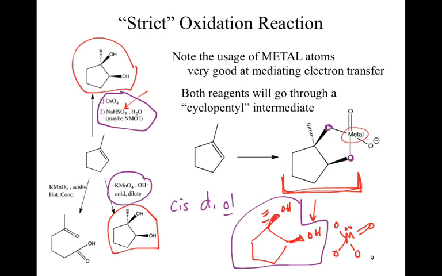You don't really need to know the mechanism except to realize that for that metal complex to coordinate to the alkene, the oxygens have to be on the same side of the ring, because if you think back to, as I start to gesture and show you with cyclopropane, you can't get that bond happening across the structure.